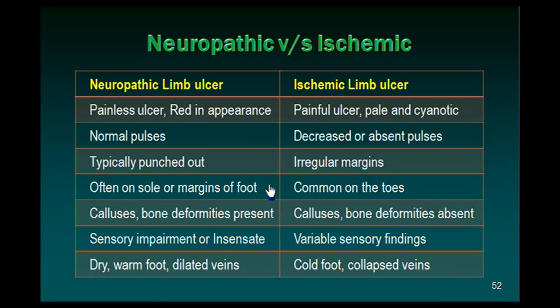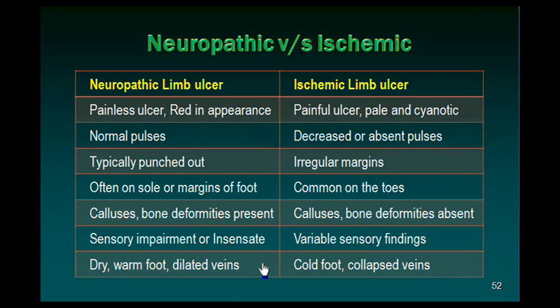Neuropathic limb ulcers: often on the sole or margins of the foot. Ischemic limb ulcers: common on the toes. Calluses and bone deformities are a feature of neuropathic limb ulcers. Calluses and bone deformities are usually absent in an ischemic limb ulcer. Sensory impairment or insensate feet are features of neuropathic limb ulcer. Variable sensory findings may be there in ischemic limb ulcer.